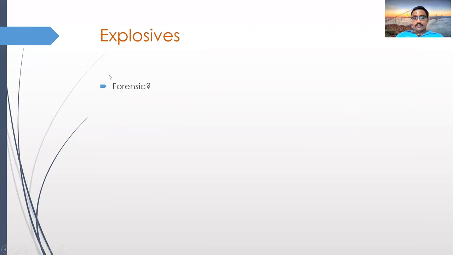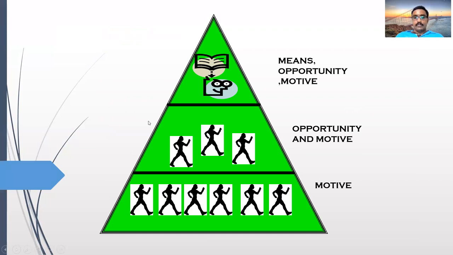So what do we do? What is the forensic part of explosives? Why do we learn, and what are we going to try and identify in an explosive case? What we use is called an explosive triangle. Many people could have a motive to throw a bomb at someone or someplace. Few people would have the opportunity and the motive to do so, and very specific people would have all three: the motive, the opportunity, and also the means to do it.